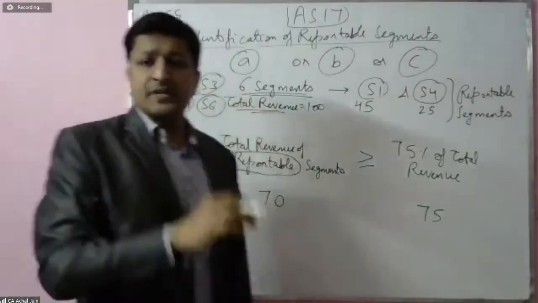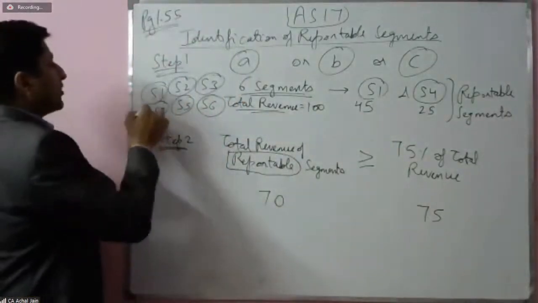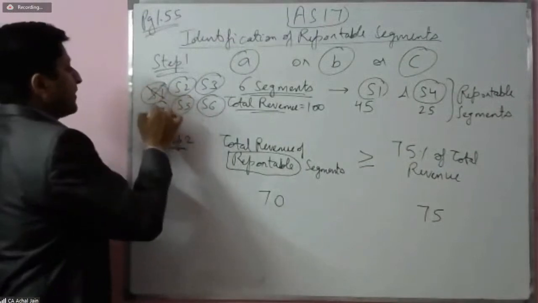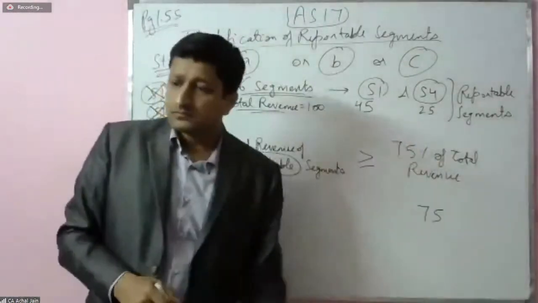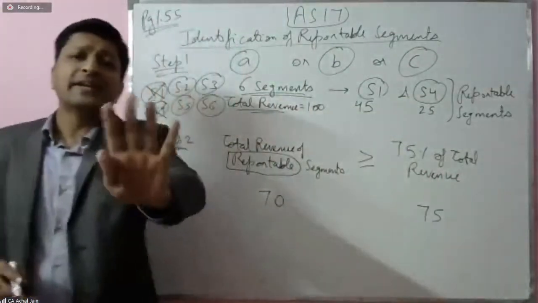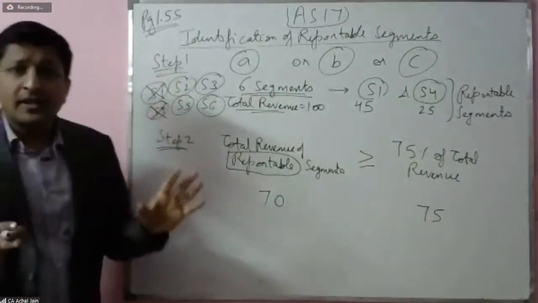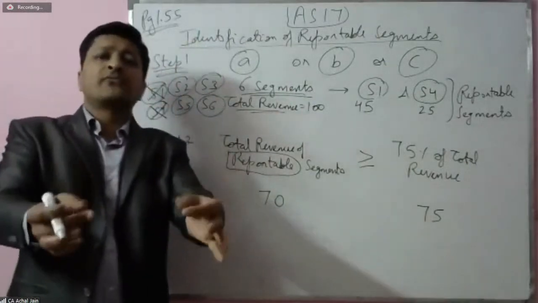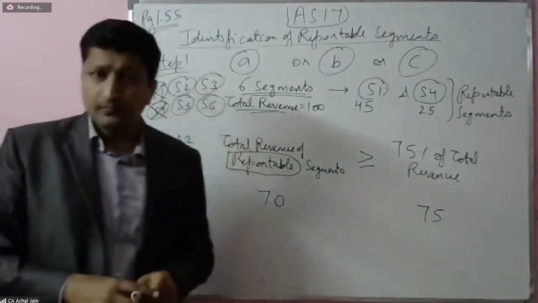There were 6 segments, out of which we have already captured S1 and S4 as reportable. 4 have not been considered as reportable. Why? Because in step 1, all the criteria were failed in respect of these 4 segments.